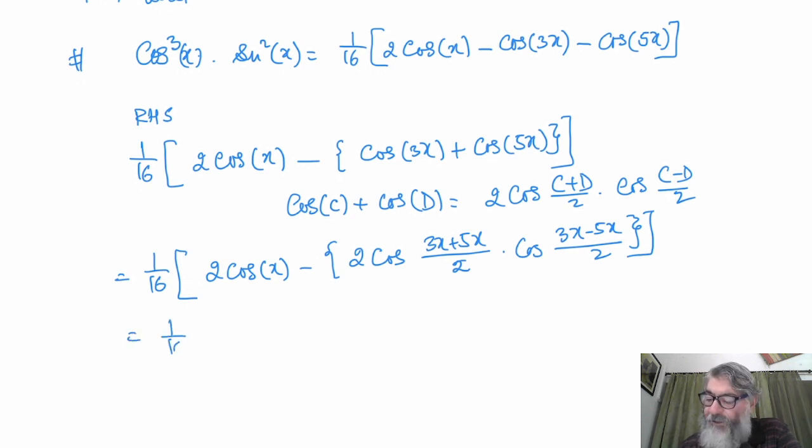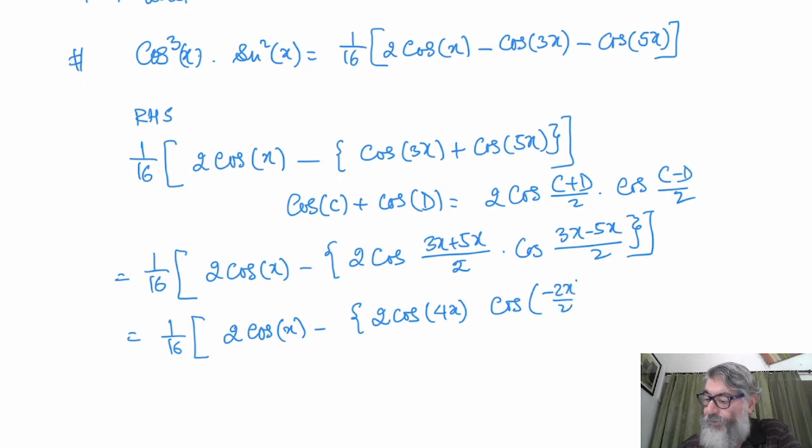1 upon 16, 2 cos x minus, it will become 2 cos 5x plus 3x is 8x, 8x upon 2 is 4x, and this will be cos minus 2x upon 2. So let me write it directly, cos minus x only.